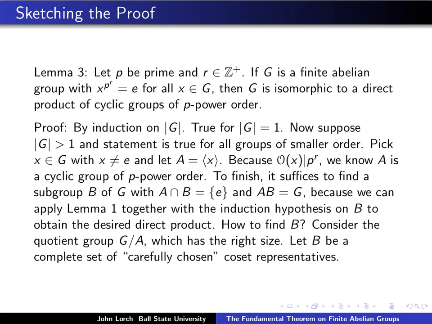So how does this help us go from the bottom of the previous slide to a proof of the theorem? Well, this lemma 3 is going to apply to all of these G of P sub I to the R sub I's on the previous slide.